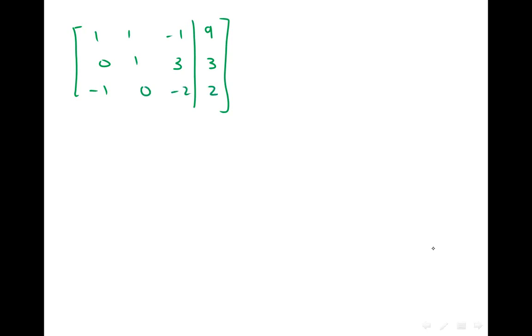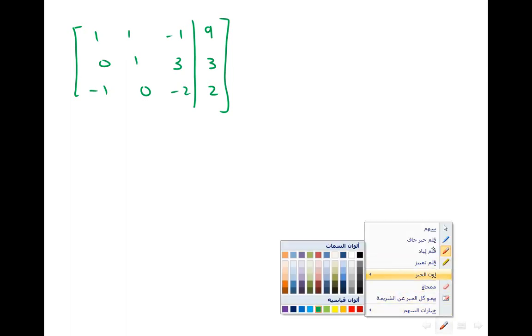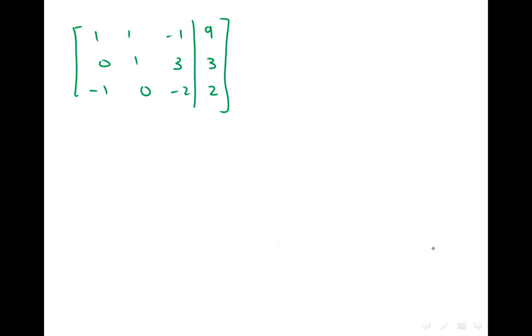I'll write the matrix one more time. Okay, so here you have 3 rows. This is the first one.